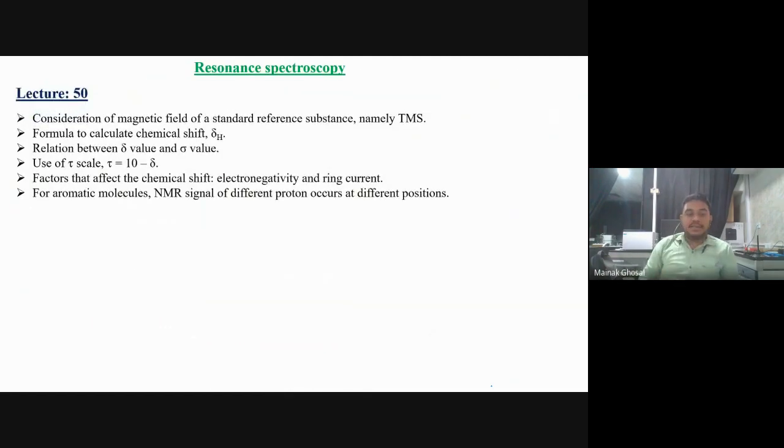In lecture 50, there was a consideration of the magnetic field of a standard substance. What I have discussed here is that B2 minus B1, divided by B2, will be sigma 2 minus sigma 1.